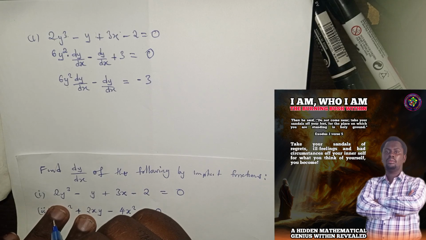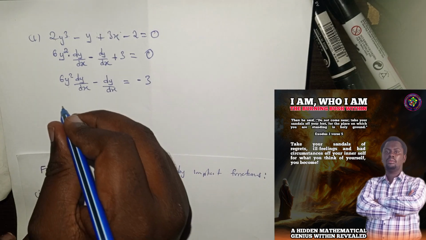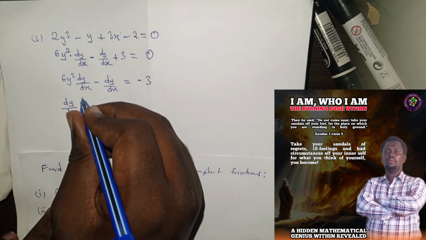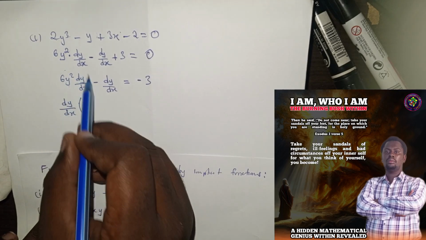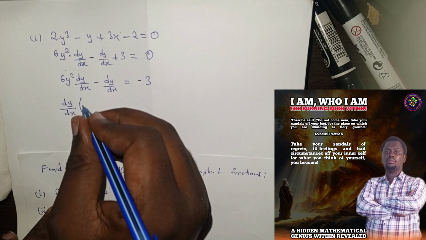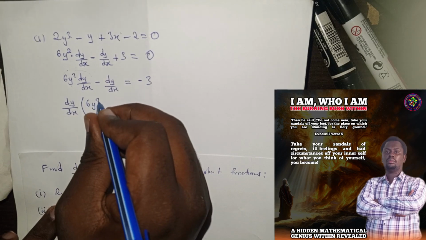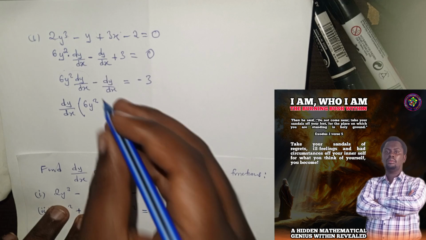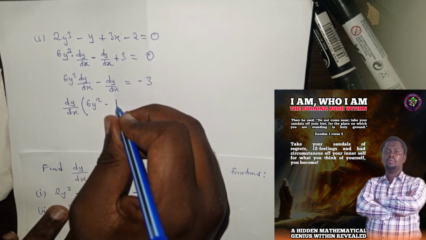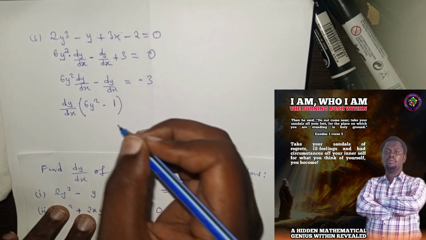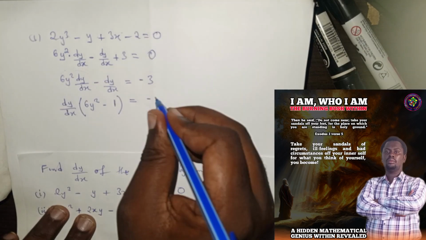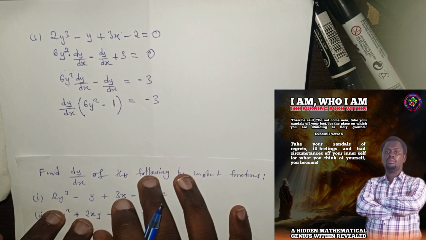Okay, so we can see that there is dy/dx here and there is dy/dx here. So you factor out dy/dx. So we have dy/dx, then in brackets, 6y squared minus 1, close bracket, is equal to minus 3.